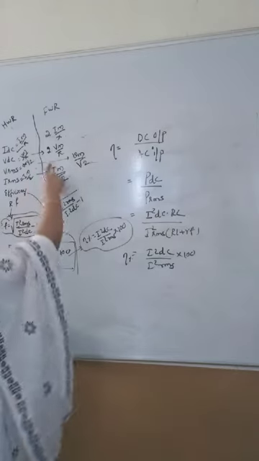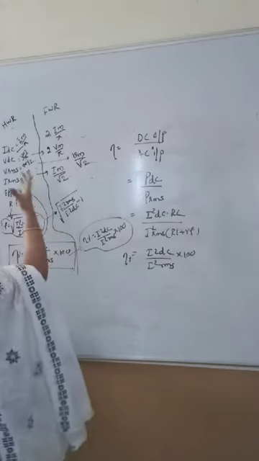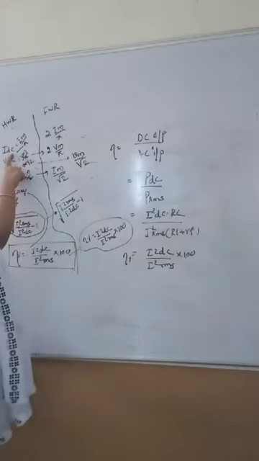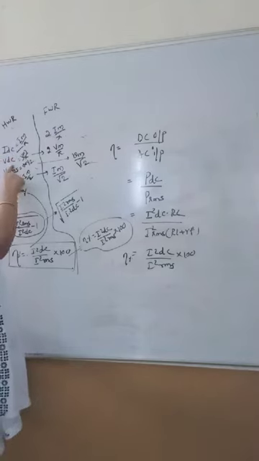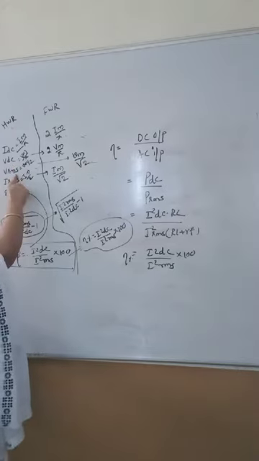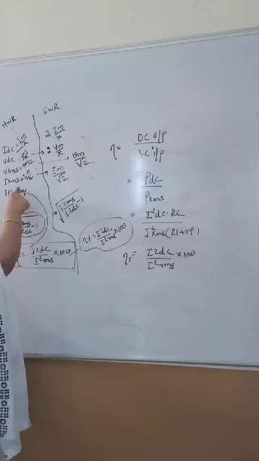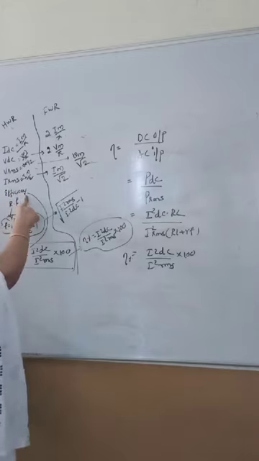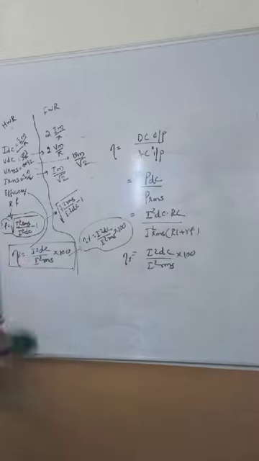If not all, some of these equations, like the equation for average current or DC current, the equation for average voltage or the DC voltage, equation for RMS value of voltage, equation for RMS value of current, equation for efficiency, equations for ripple factor, like that. For both the rectifiers you may get the question.